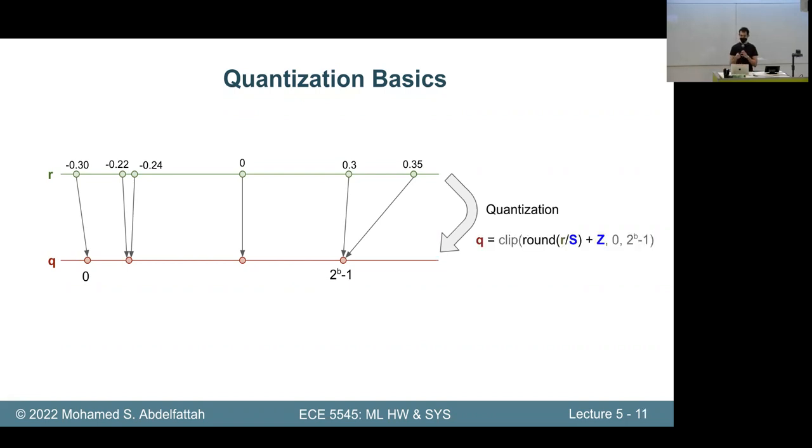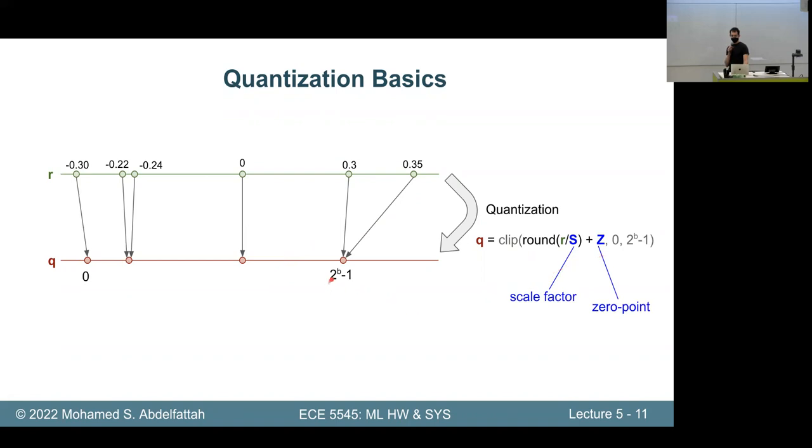It looks something like this. I take my real number, I divide it by some number which I'll call a scale, and then I add it to a number that I call a 0 point, and then I clip the whole thing based on my range. My range in this case is from 0 to 2 to the power of b minus 1.